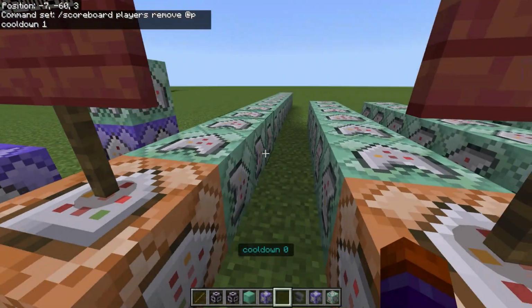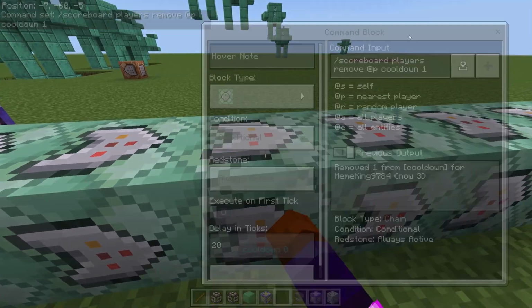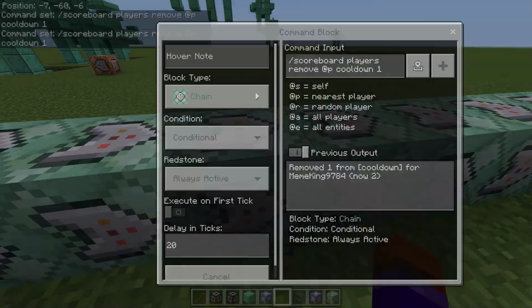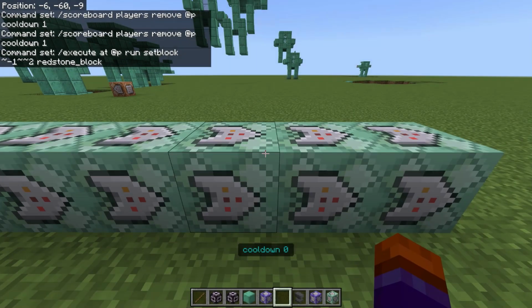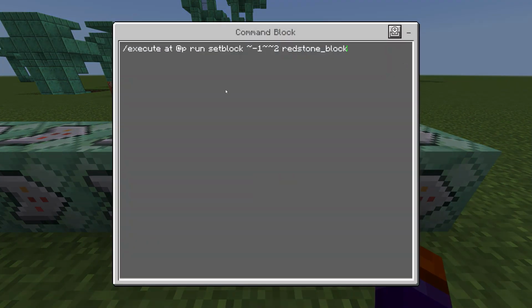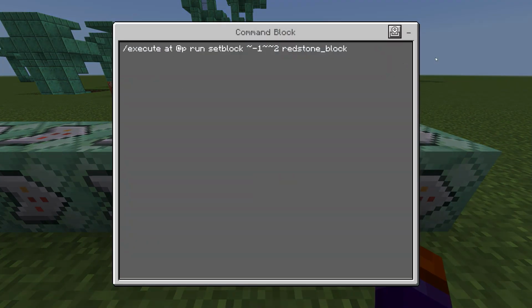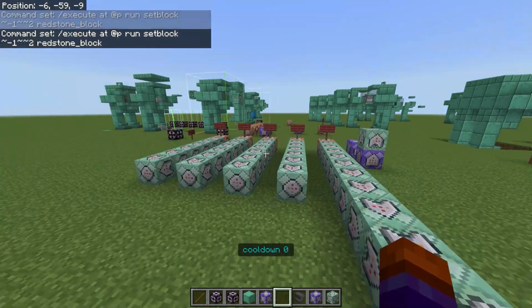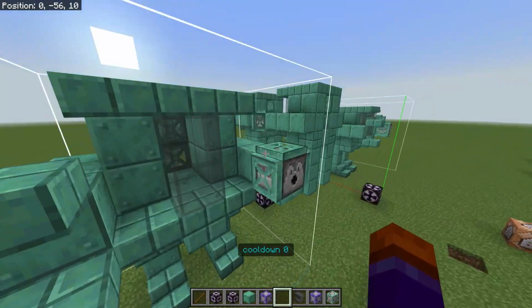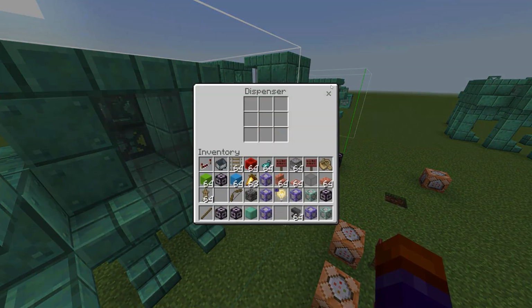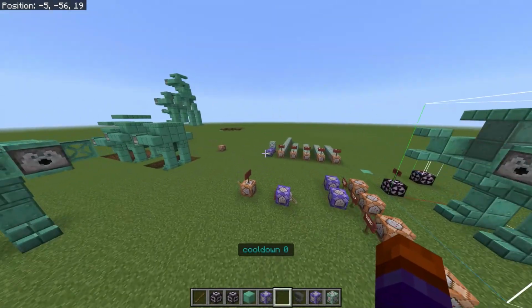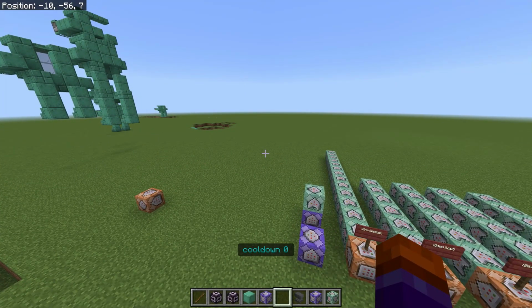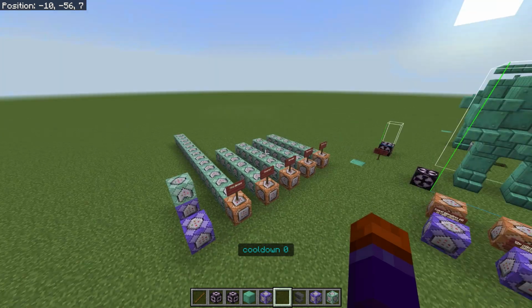And then it removes 1 until it gets down to 0, right about here. So once it gets here, it sets the block right behind the dispenser here. Right behind it, it makes a redstone block, and there's arrows in this dispenser. Which you need to save the structure if you haven't already with the arrows in it, otherwise it won't work.